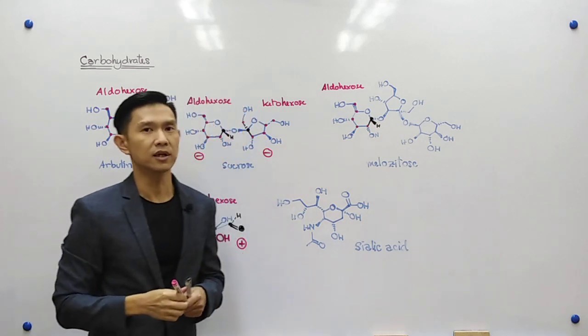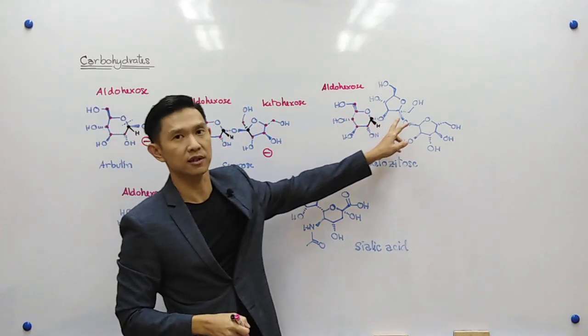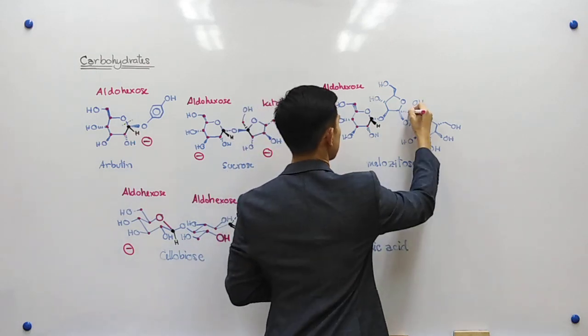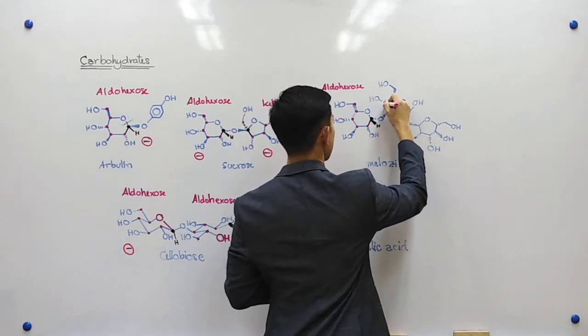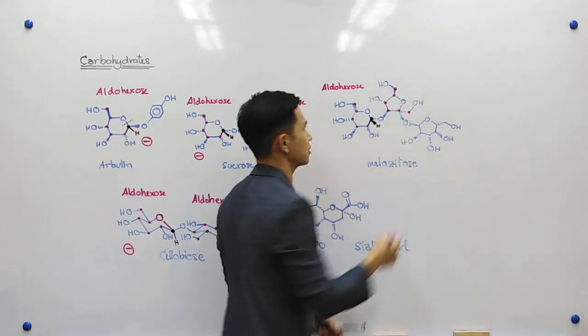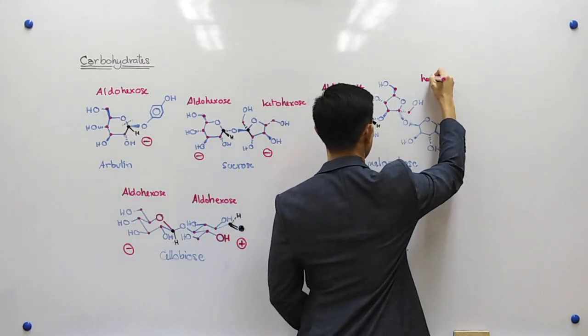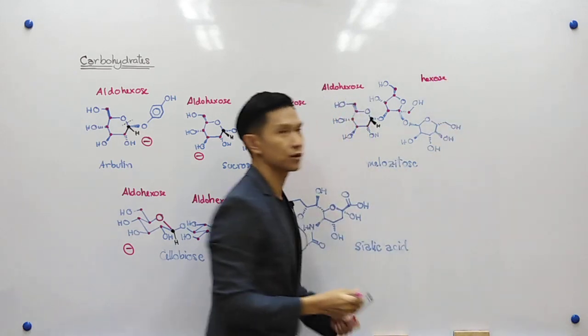Now we come to the second structure, the second ring in the middle. So again, count the number of carbons in the whole molecule, 1, 2, 3, 4, 5, and 6. So you have 6 carbon atoms. Again, this is your hexose sugar.